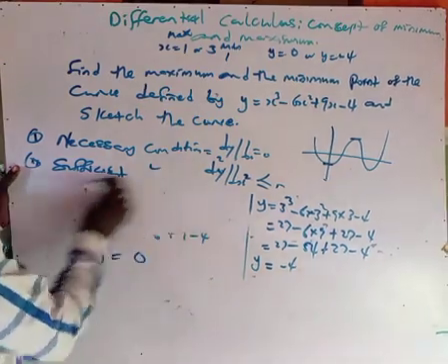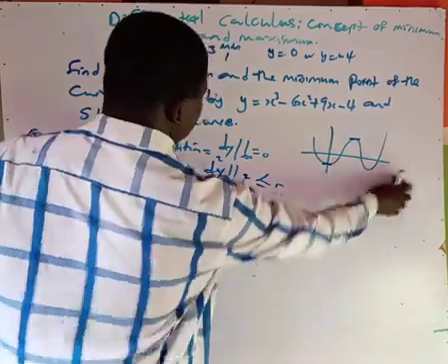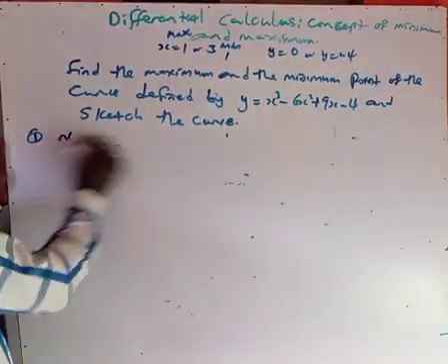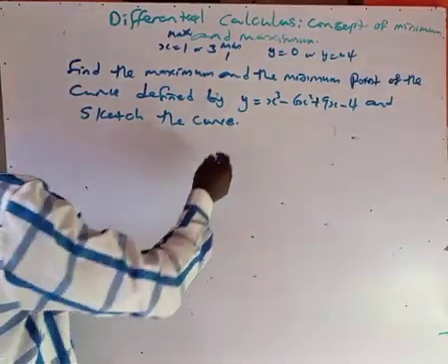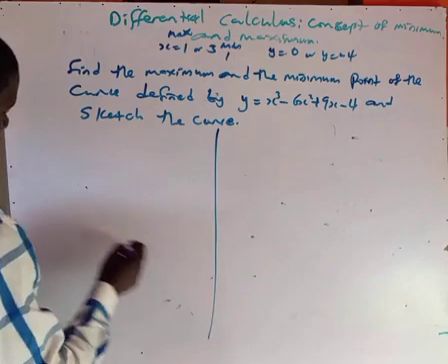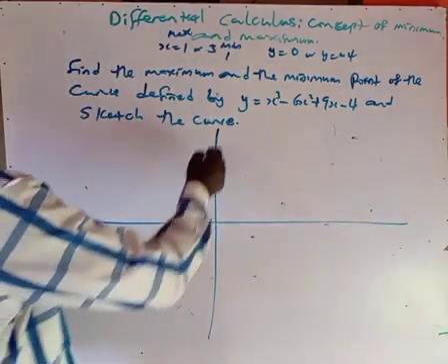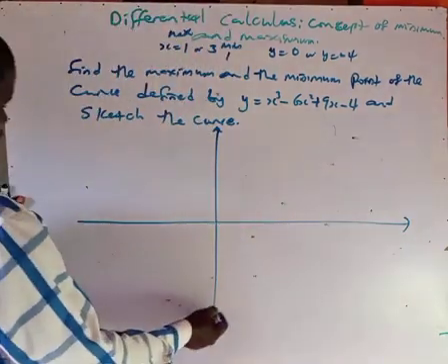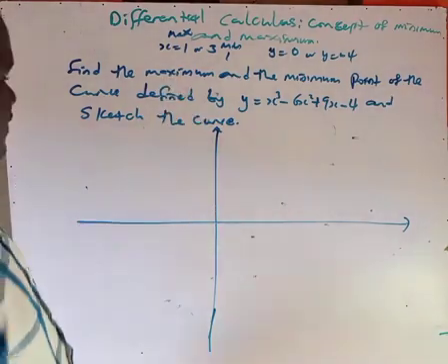So you can now sketch the curve. Now look. So this is what you have. Here you have the y-axis and x-axis. So look here. Now, what are the values you have here?